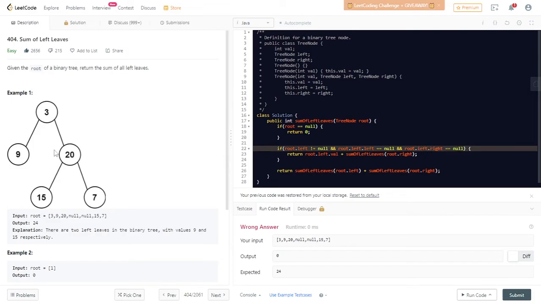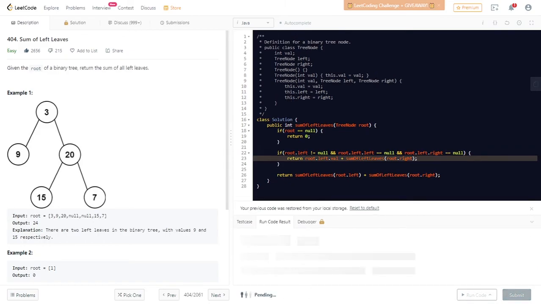This would be checking for root dot left dot right. So in this subtree 20, 15 and 7, it's checking root dot left dot right. Does 15 have any right subtree? If it does not have any right subtree, then we would be entering this return statement and summing the values of 15 and 9. Let's hope this code runs now.